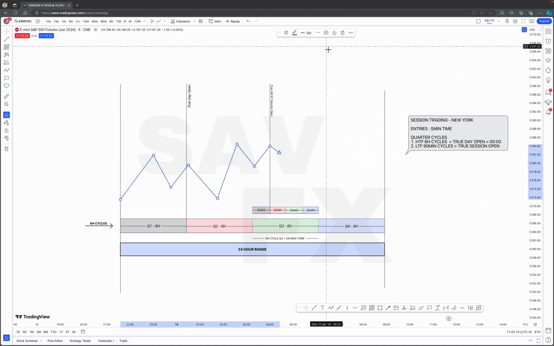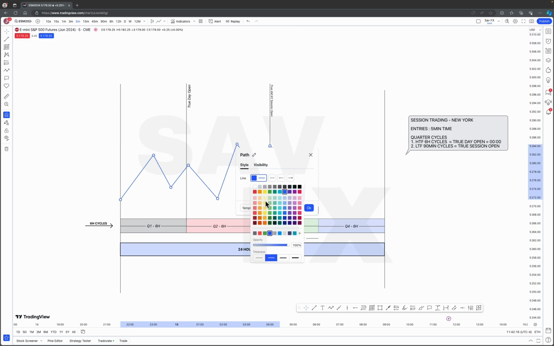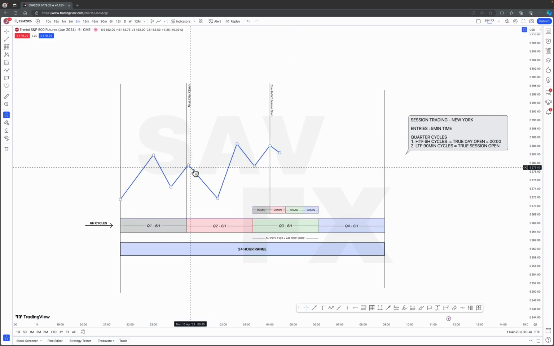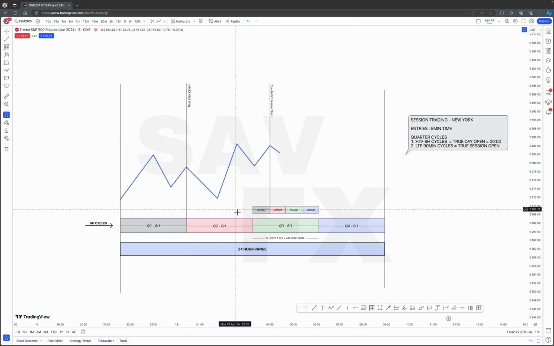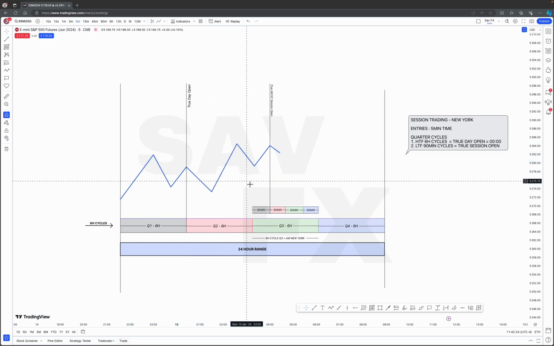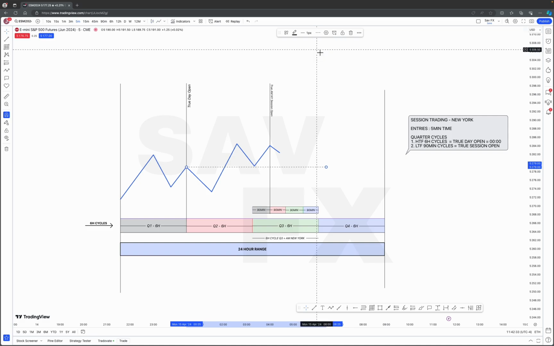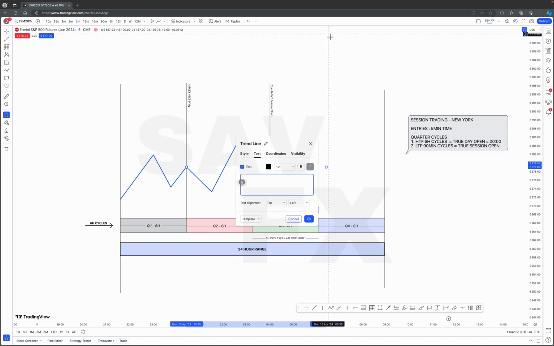I'm gonna mark this out slightly, okay, right there. The midnight open needs to be marked out, meaning every single day you're gonna have to mark this range out until you can visually see it at the back of your head, I would say.